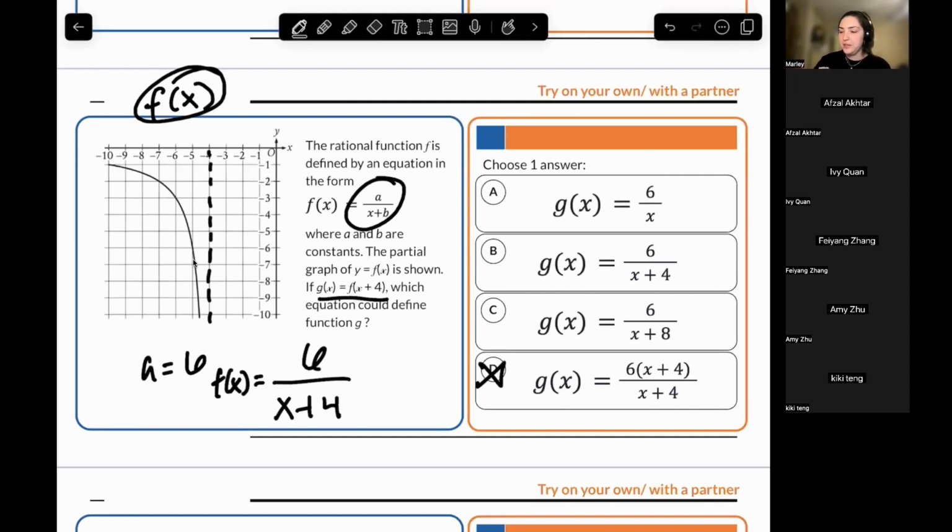So just algebraically, if we plugged in x is equal to x plus 4, that would have transformed it to give us C. But also, if it's plus 4, it moves it in the negative direction. Yeah, the asymptote is always a key part of the denominator. So your vertical asymptote has to do with the denominator. So we're moving in that direction based on the fact that it's plus 4.